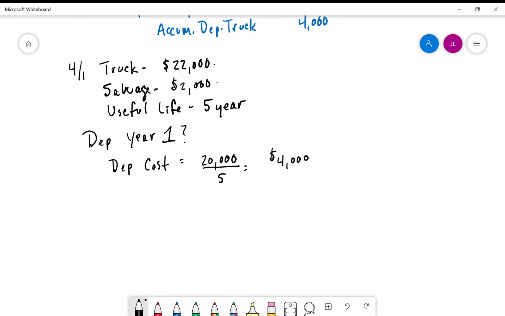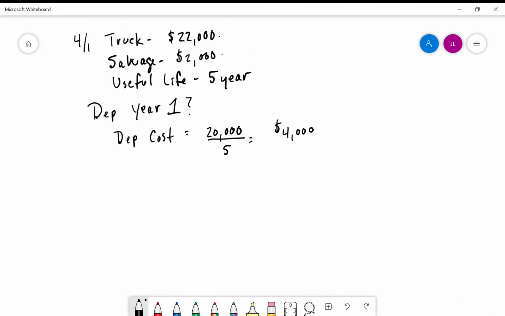Now, if we prepare our financial statements at the end of the year, 12/31, we're not looking at a full year of depreciation. A full year would be 12 out of 12 months. In this case, though, we didn't have a full year. We purchased the truck on 4/1, so we had January, February, and March where we didn't have that truck.